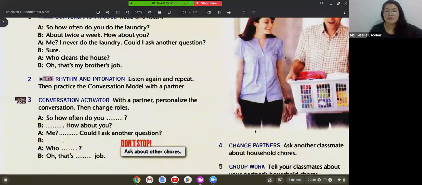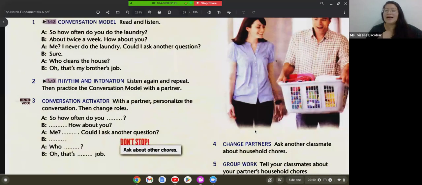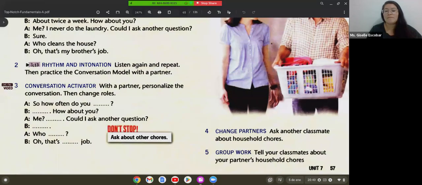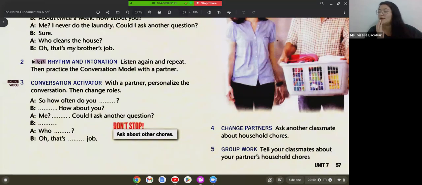So guys, now we are going to ask another classmate about household chores. We are going to have the same conversation, but we are going to change partners. Nos está pidiendo cambiar de compañero. So let's try something different. Erika, you can work with Jim, and Cristobal, you can work with Brian.